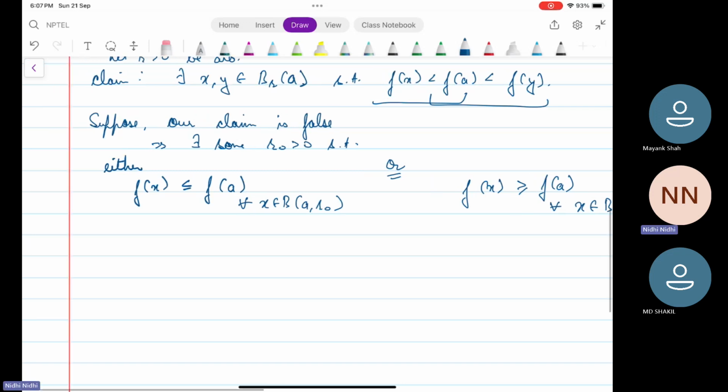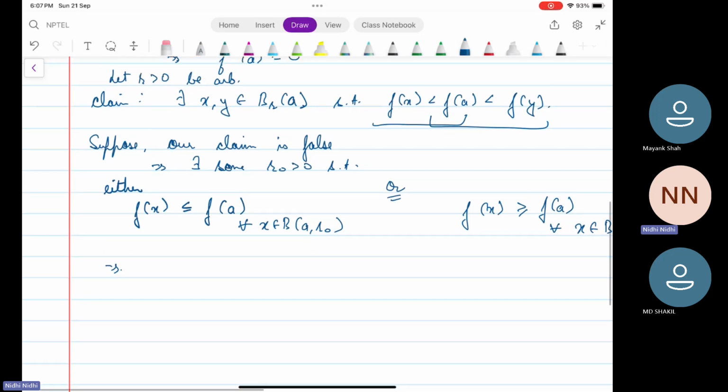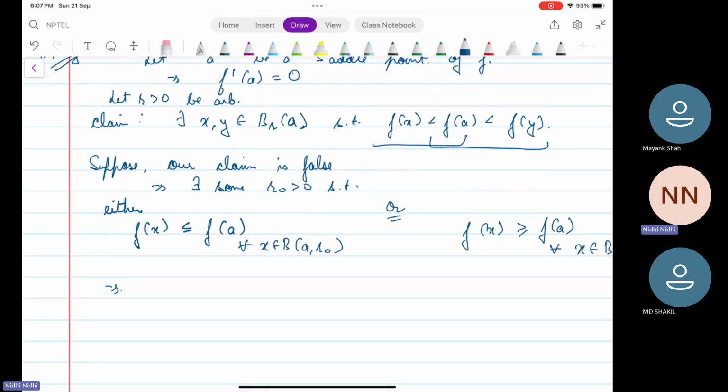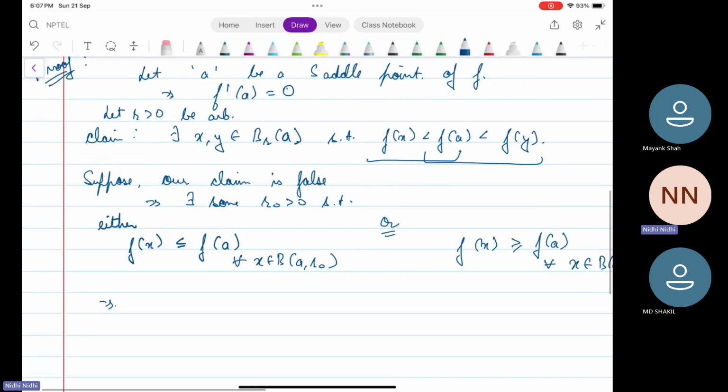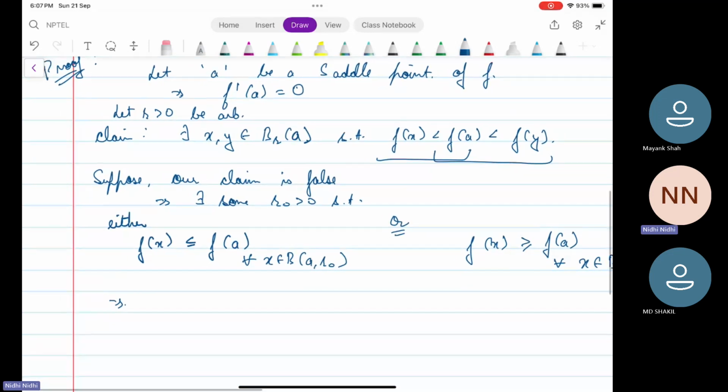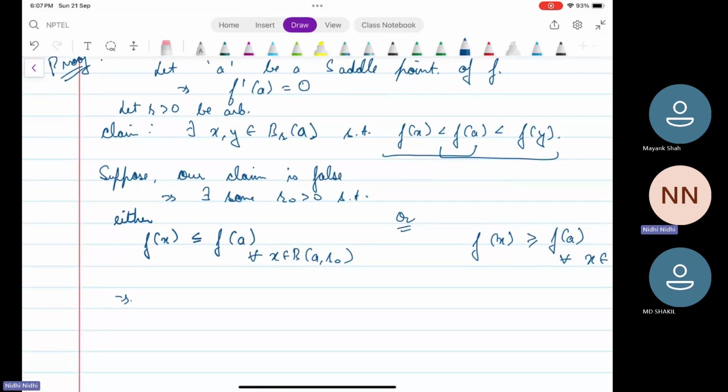Now this first statement will give us that the point A is actually a local maximum, because we are able to find some ball where the value at each point x in this ball is lesser than or equal to f(a). So that means A is a local maximum.